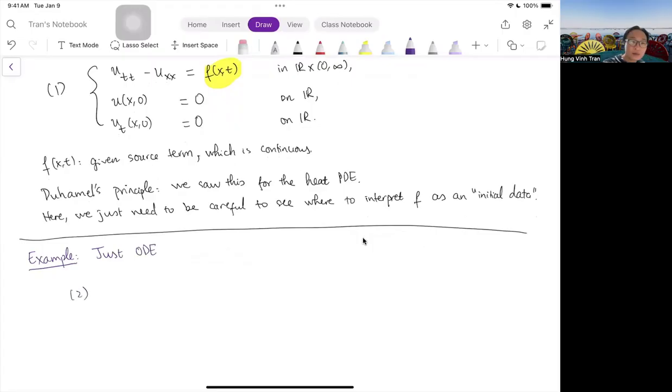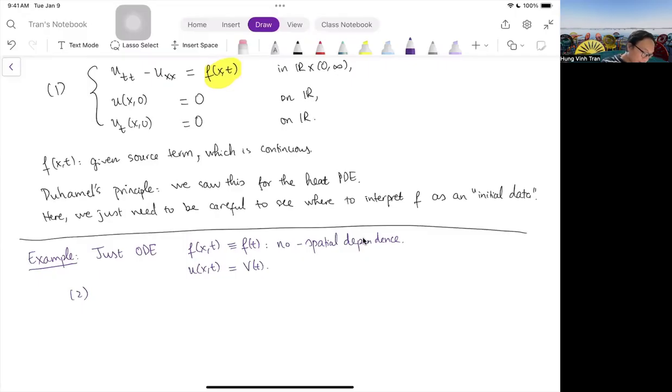Here, by ODE I mean that there is no spatial dependence, meaning that I assume f of x,t is just f of t. And because of no spatial dependence, I'm going to look for a solution u which also does not depend on x, because there's no spatial variable coming into play. So I'm going to look for u(x,t) simply as some v of t.